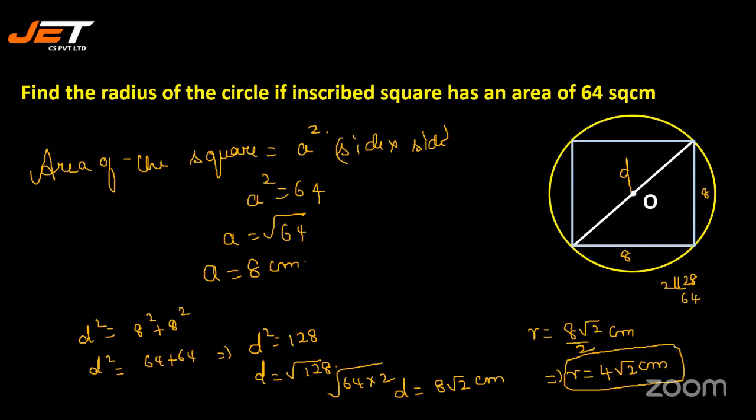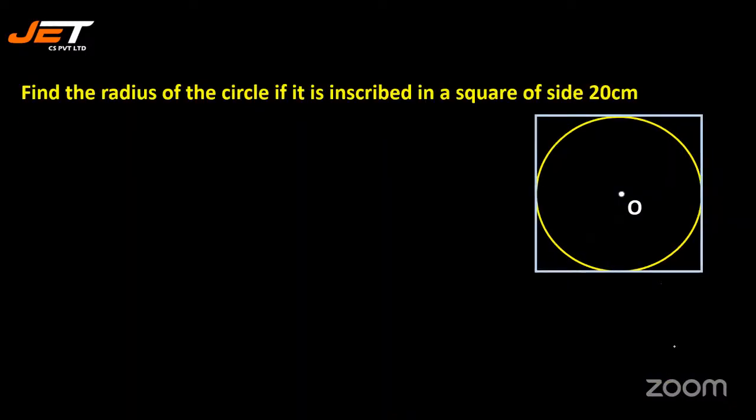Okay. Let's move on to the next sum. Find the radius of the circle if it is inscribed square of side 20 centimeter. So the square has 20 centimeter, isn't it?